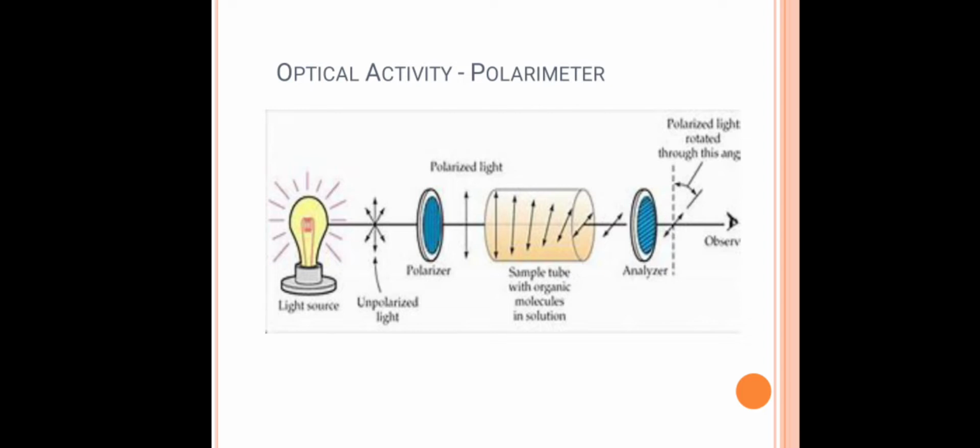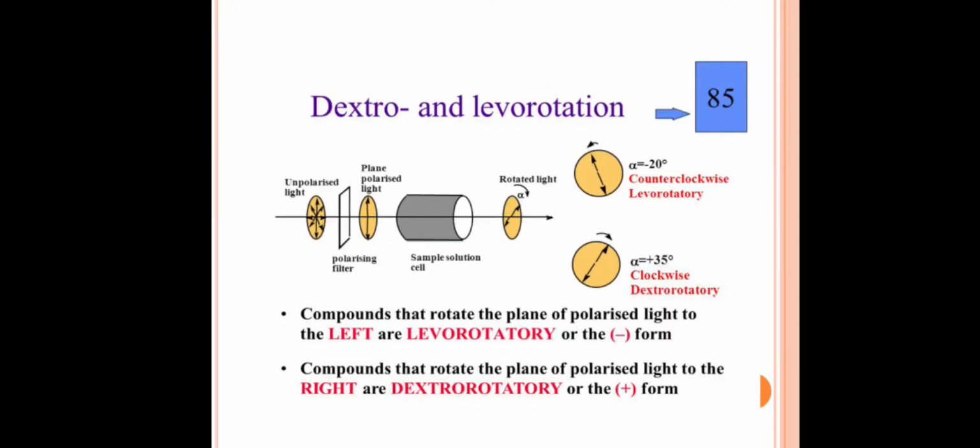When this plane polarized light is passed through a solution such as glucose, the emerged light will be rotated. If the rotation is towards the right side or clockwise, then those compounds are called dextrorotatory compounds. And if the light is turned towards the left side, then those compounds are called levorotatory compounds.